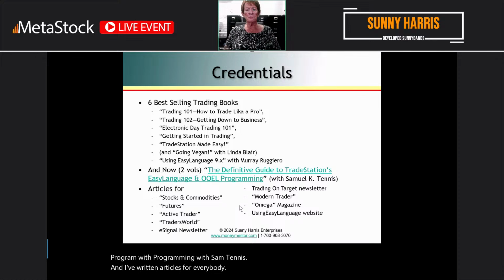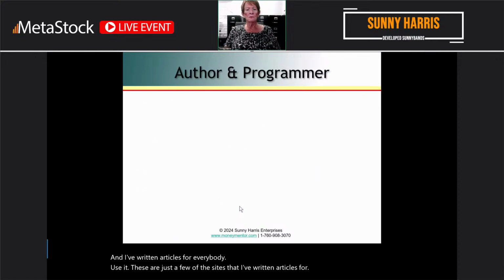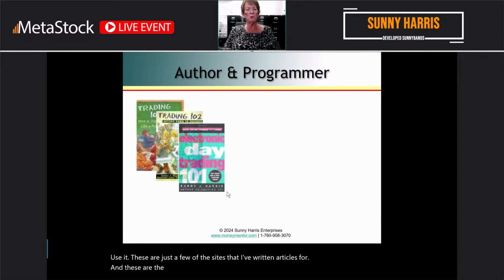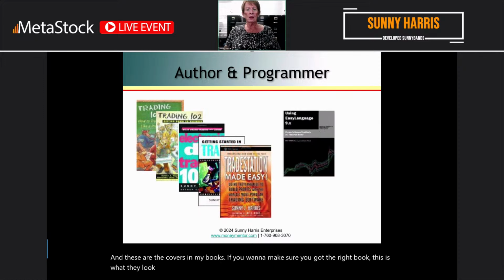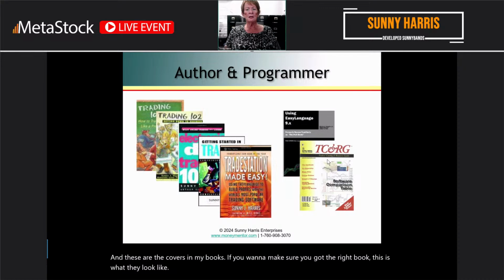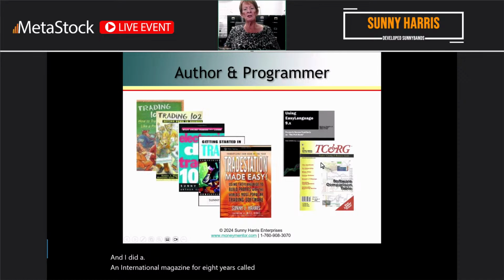These are just a few of the sites that I've written articles for. And these are the covers of my books. If you want to make sure you got the right book, this is what they look like. Oh, and I did an international magazine for 8 years called Traders Catalog and Resource Guide.